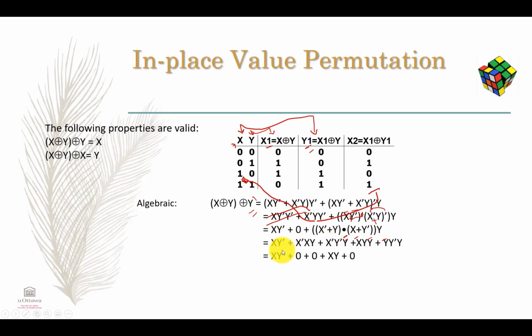So I will end up with just x y prime plus xy, and the others will be zeros. Now what is the common factor here? X will be a common factor, so it will be x times (y prime plus y), and this will apparently be 1, so the answer will be x.